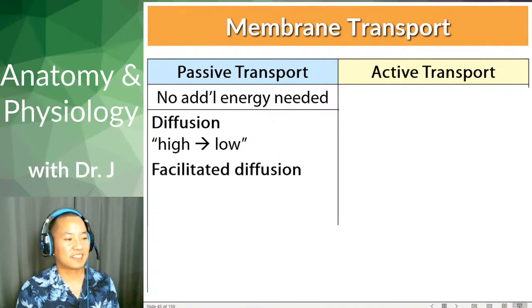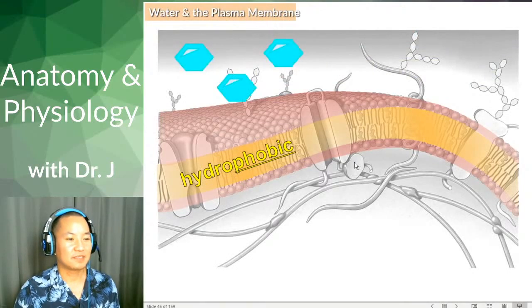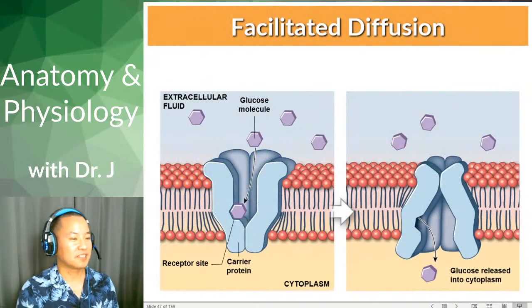Now then, what's facilitated diffusion? It is a subtype of diffusion. Again, it's not a mutually exclusive thing, but it has a certain twist. For facilitated diffusion, here we have glucose. And remember I said that by itself, without any additional proteins, glucose cannot really pass through the plasma membrane. But there's something called facilitated diffusion. So here we have glucose again.